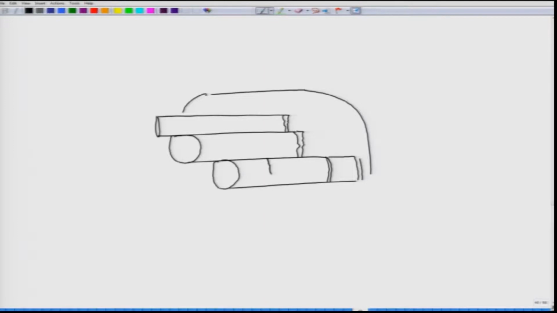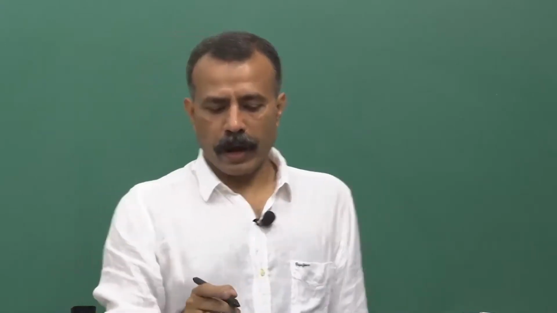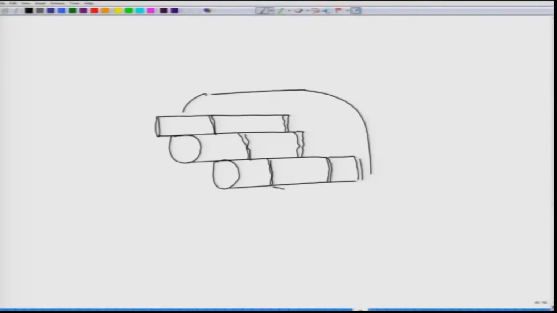You must have seen bamboos, right? It is almost like within the bamboo you see these kind of striations, almost very similar to that, and you will see there are gaps here. So, the structure which looks very cylindrical is not that cylindrical, rather the structure is something like this.